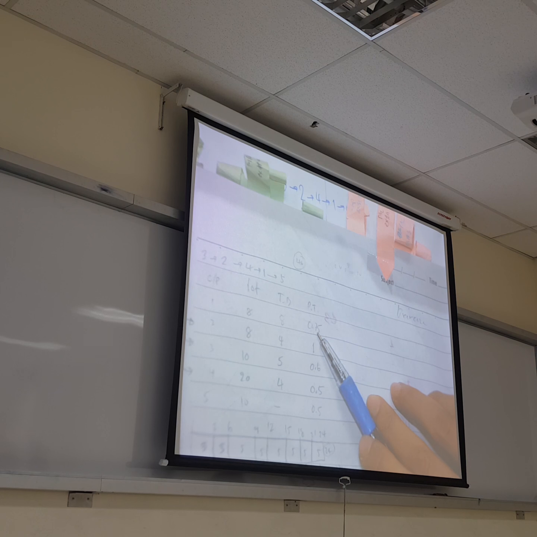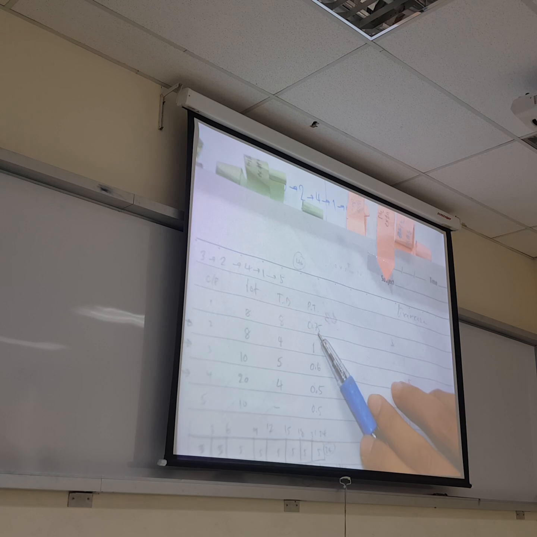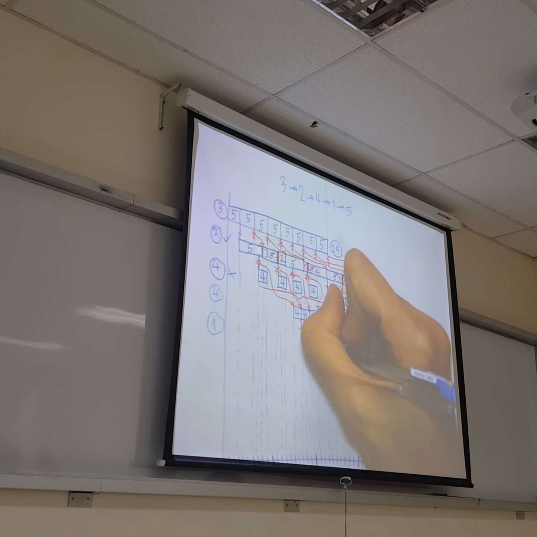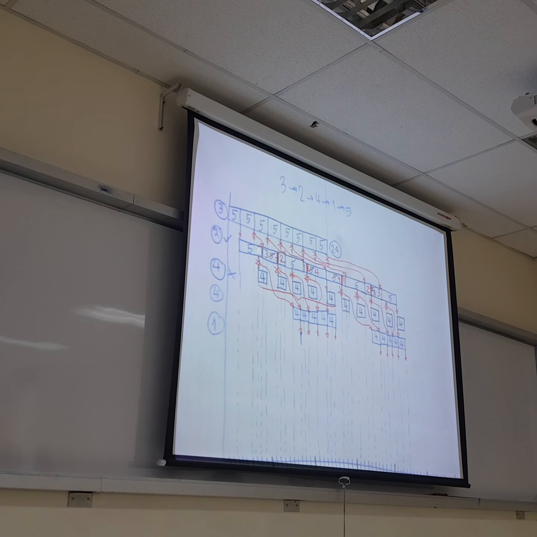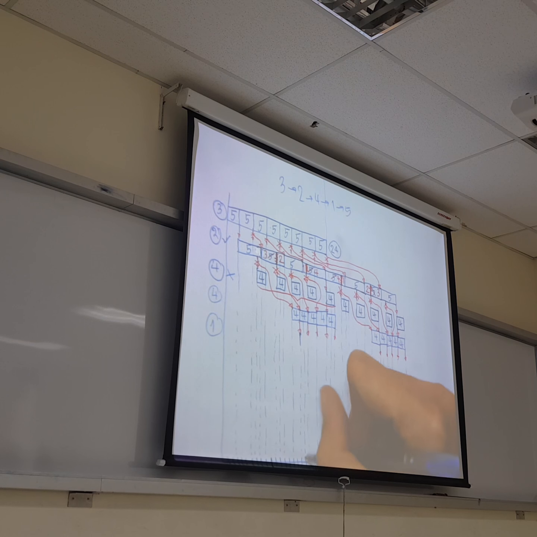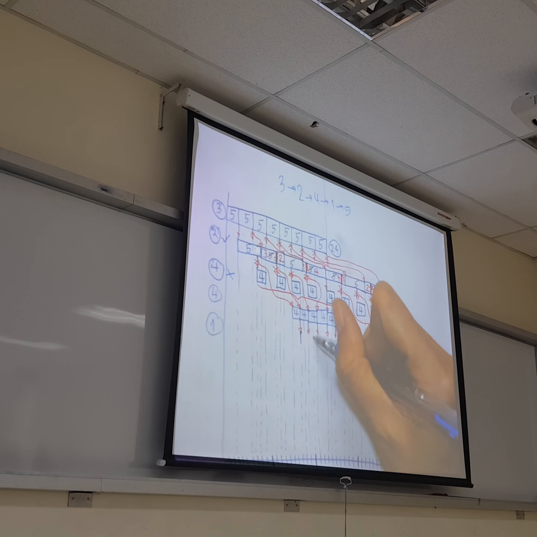So if we transfer 4 units to operation 1, how many minutes does it take to process it? How many minutes? 3 minutes. Right? So once we transfer 4 units to operation 1, we need 3 minutes of processing time for 4 units.